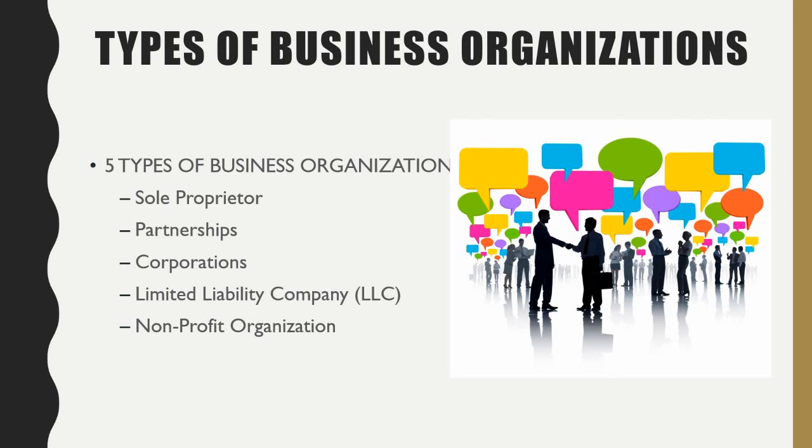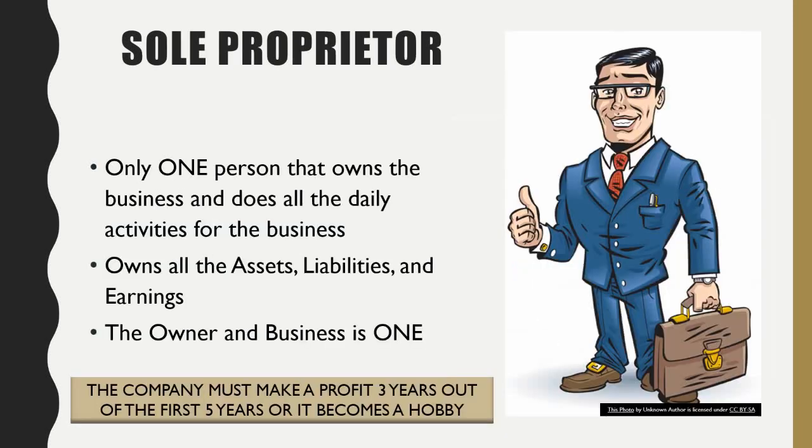There are other smaller businesses that do exist, but these are the typical 5 that you would commonly see nowadays. We'll break down each and every single one, with what they are and what their advantages and disadvantages are. Starting with the very first one, the sole proprietor, hence the word sole, meaning one person.